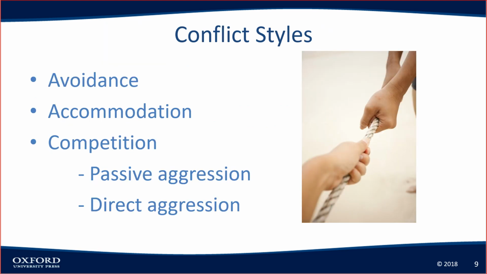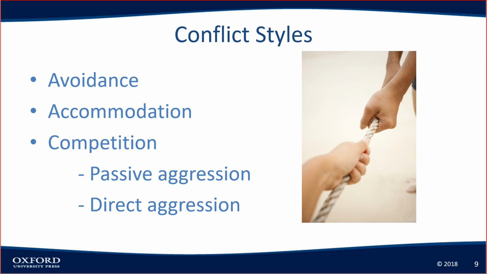So there are various conflict styles, and if you think back through this class, some of these might have come up under different subjects. These are default styles or approaches that we have to handling conflict.